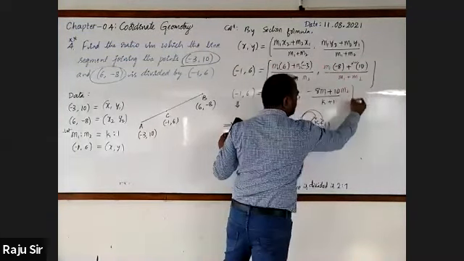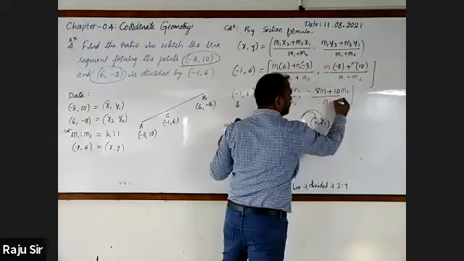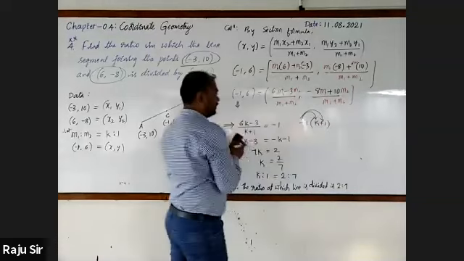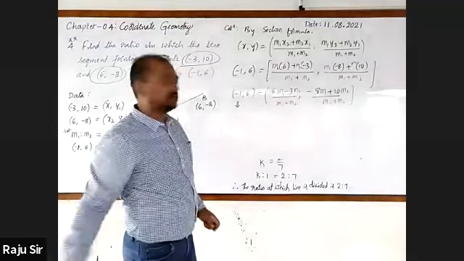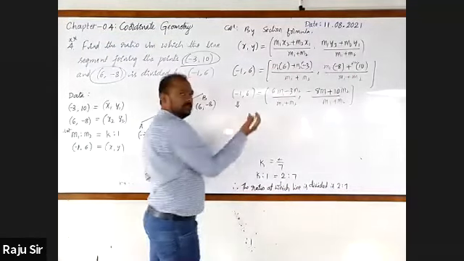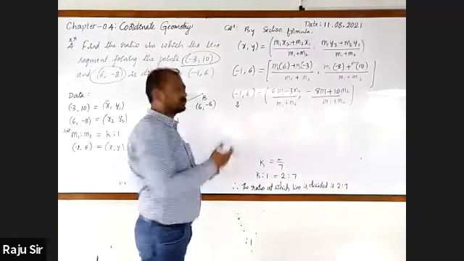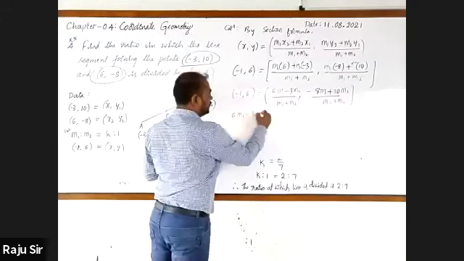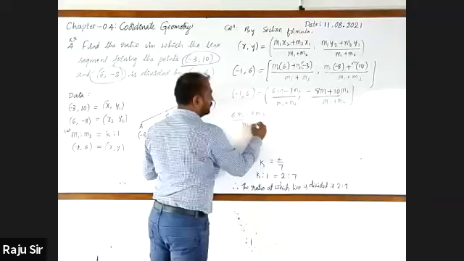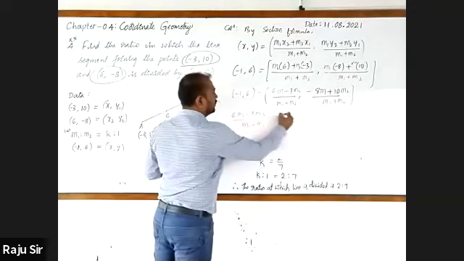Are you all following? Then further, you may equate either the x coordinate or the y coordinate. Here also the same thing. Here I'll write 6m1 minus 3m2 over m1 plus m2 is equal to minus 1.